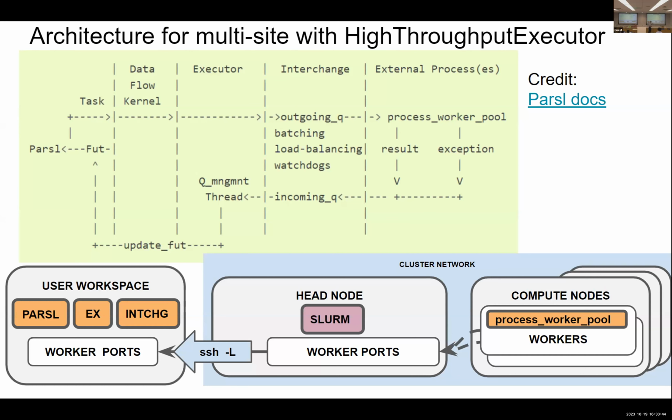And so we have to ensure that the ports on the head node are properly forwarded through SSH tunnels to whatever your user workspace is. Otherwise the interchange won't even start up. And so getting those tunnels just right is a bit of a challenge.